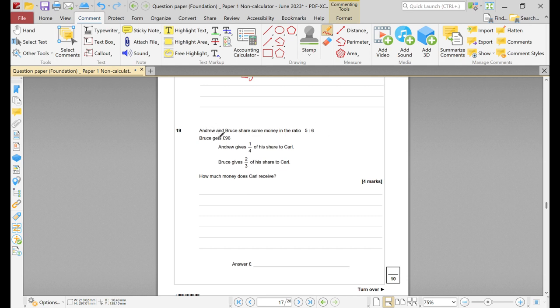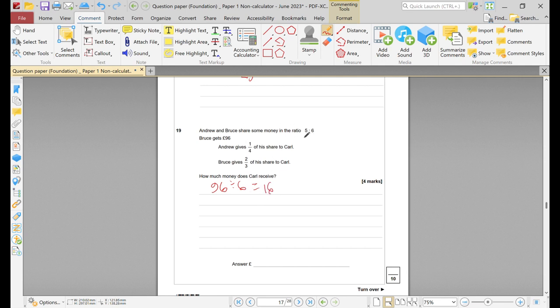A and B share money in 5 to 6. Bruce gets 96. Andrew gives a quarter of his share to Carl. Bruce gives 2/3 to Carl. How much does Carl receive? Well, if Bruce gets 96, then 96 divided by 6 is what? 16?